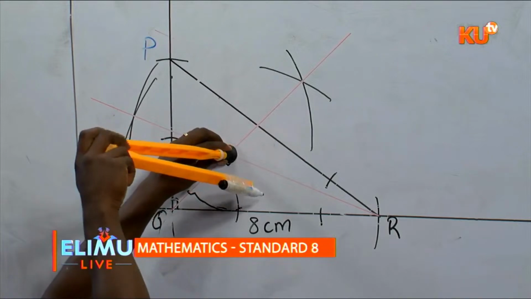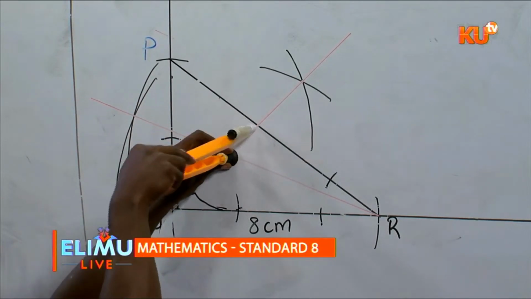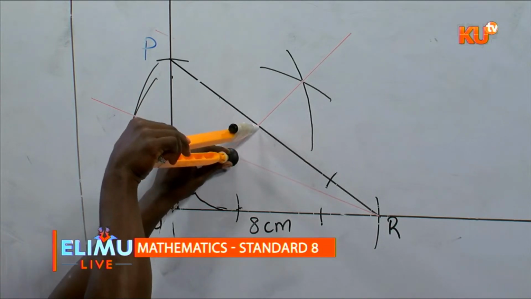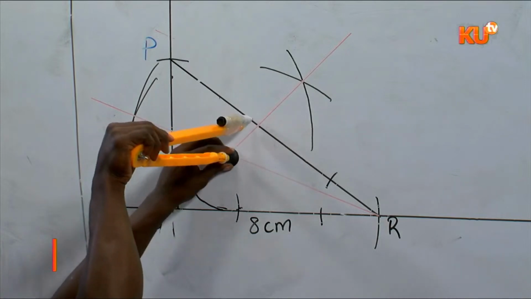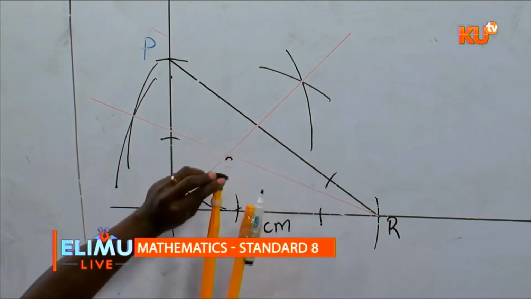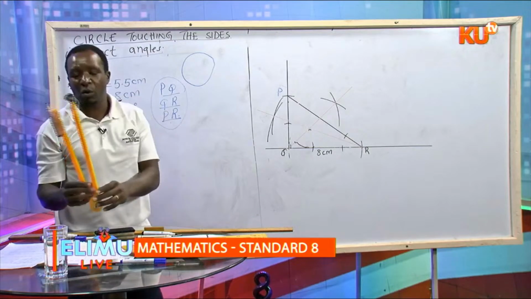This one is stitching. And to avoid wasting all your time, you will find that this is the radius of that circle.